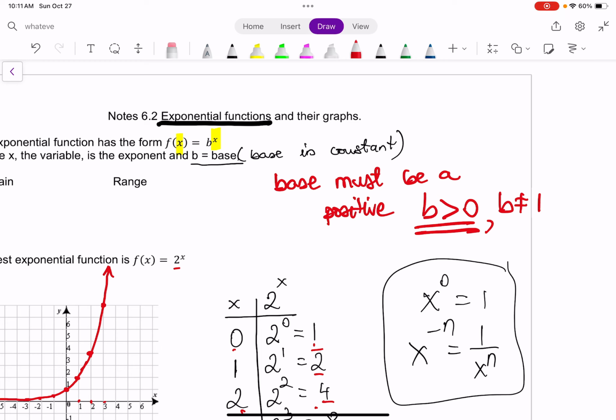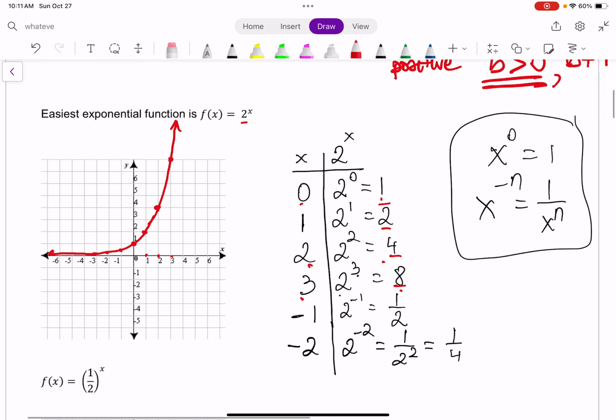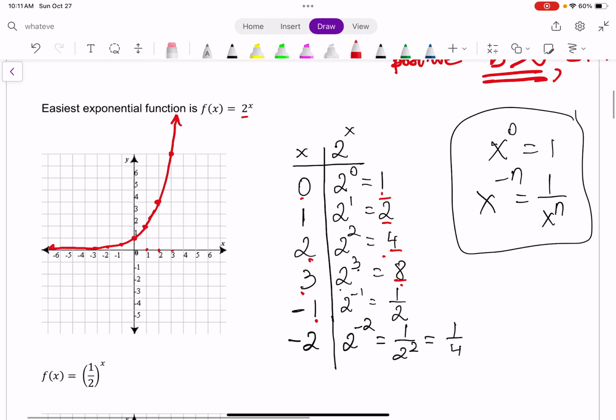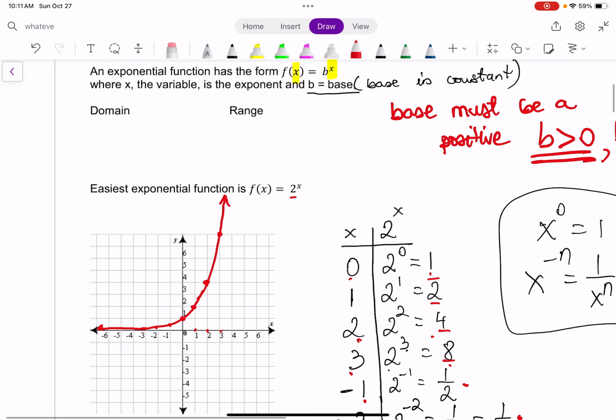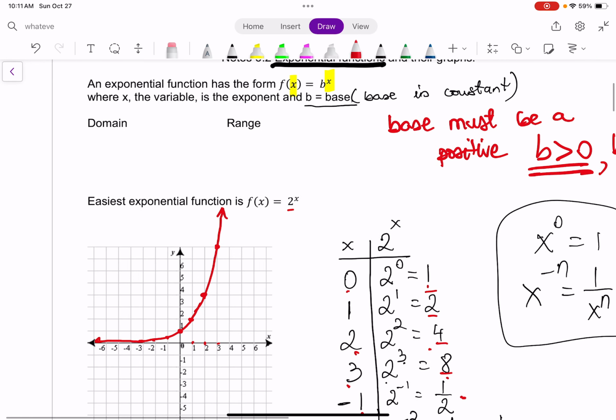All right. Now, since our base is positive, even if we're plugging in negative exponents, as you saw, a positive number raised to a negative exponent is still a positive value. So as you actually see from your graph, the domain is all real numbers. In other words, the exponents can be positive, negative, decimals, whatever they want to be.